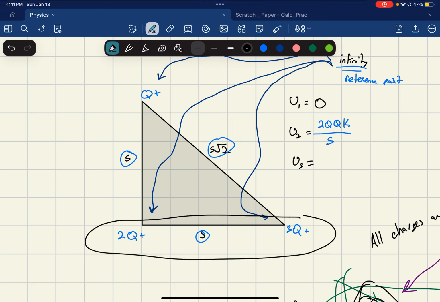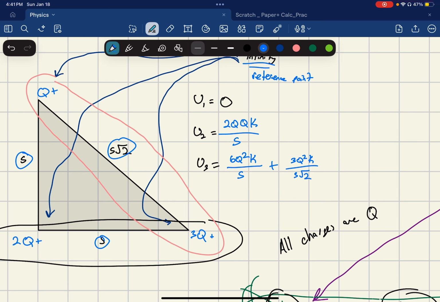That's going to be 6Q squared, because I'm multiplying these two, multiply the constant, and then over the distance that they're separated, which is S. Then I have to do this other part, so now I multiply these two together. So this is going to be 3Q squared K over S root 2.